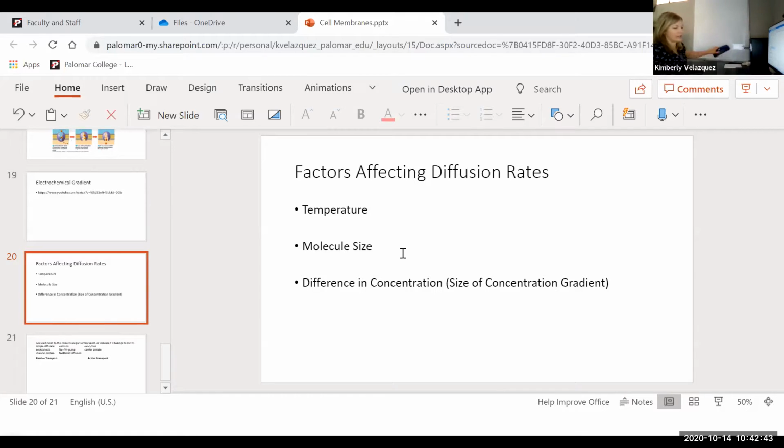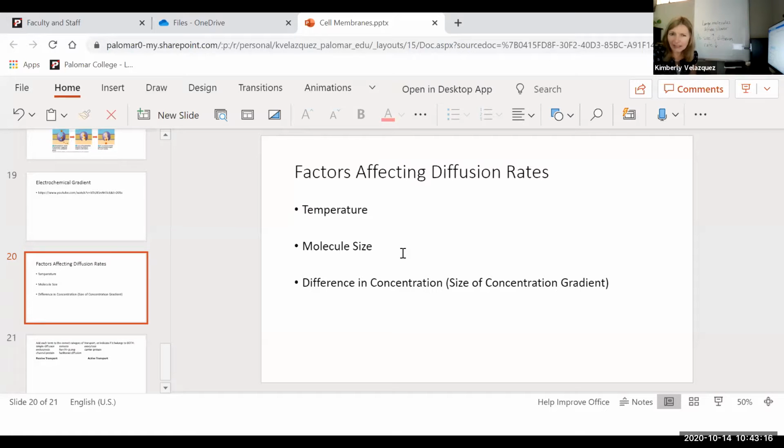Big molecules are going to be more sluggish, and so large molecules diffuse slower. So in other words, as size increases, diffusion rate decreases. It's what we call an inverse relationship.